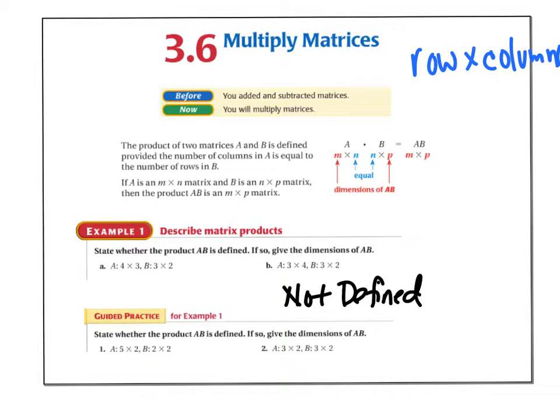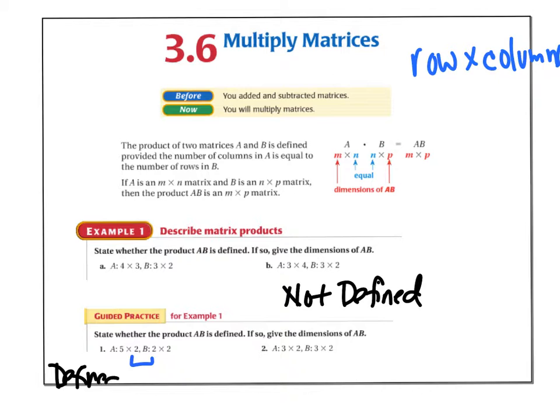So here's guided practice time. You look at 1 and 2 and decide if they're defined, and if they are, give the dimensions. Looking at guided practice number 1, you start off with the inside numbers and see that they are both 2. So this one is indeed defined.